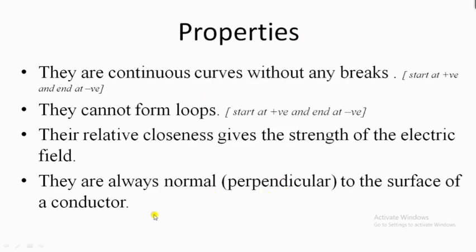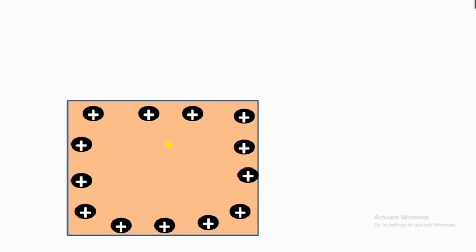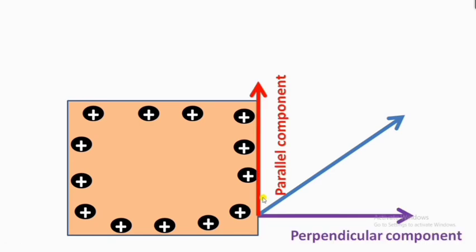Now let's see why they are always normal. So we know if there is an electric field and if we leave a charge in the electric field, it will move. So now suppose I have a normal field, that is okay. If I have an electric field making some angle, then this can be resolved into 2 components. One is the parallel component, another is the perpendicular component. So if we see the parallel component, it is going along the charges, and we already know if there is an electric field line and if we keep a charge out here, the charge will move.